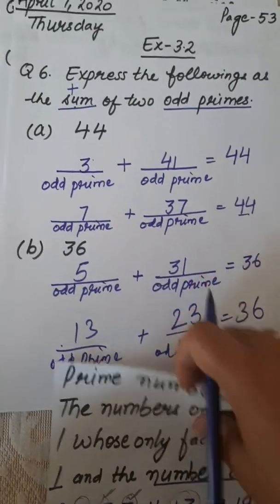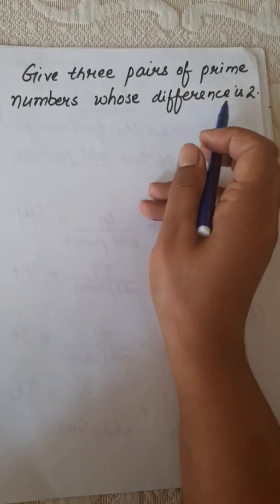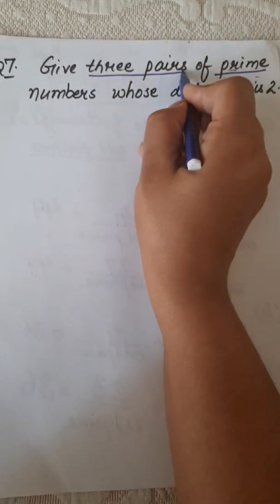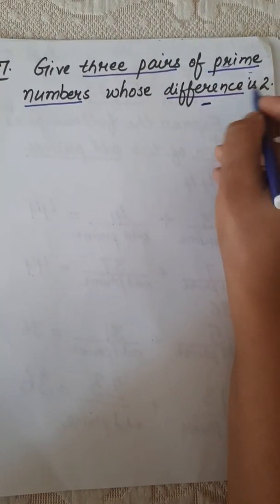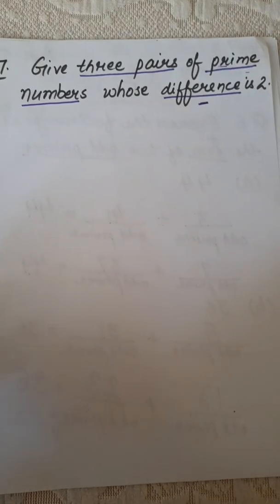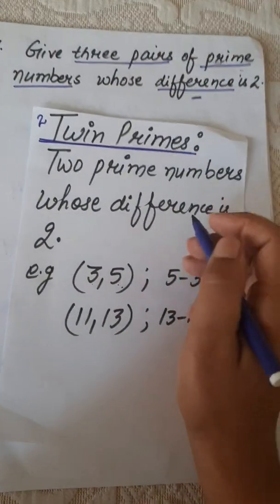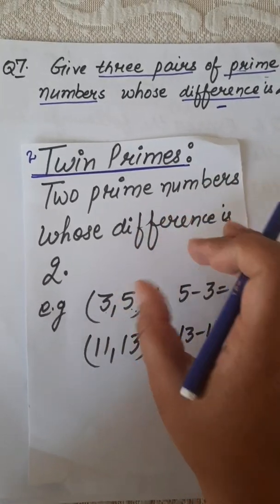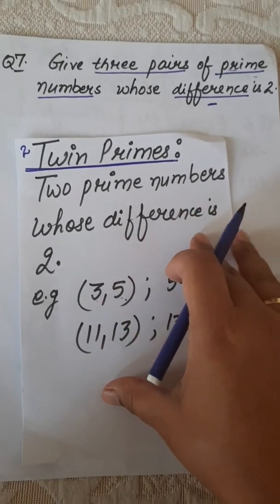Now next is our question number 7. Question number 7 is: give 3 pairs of prime numbers whose difference, meaning minus, is 2. And we know that two prime numbers whose difference is 2 are called twin primes.